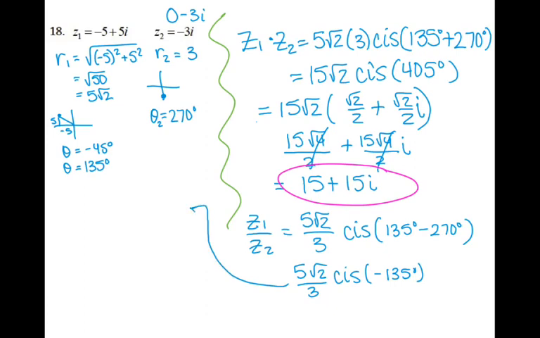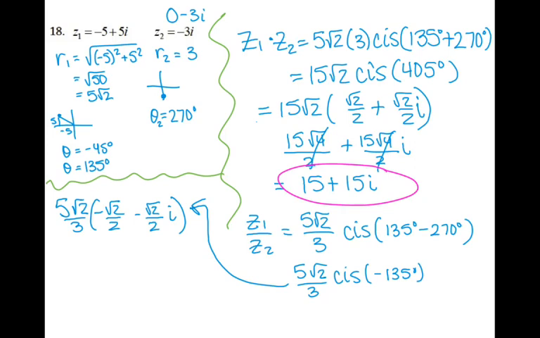Let's put that over here. Okay, so I have 5 root 2 over 3 times negative root 2 over 2 minus root 2 over 2i, because we already evaluated that the first time.